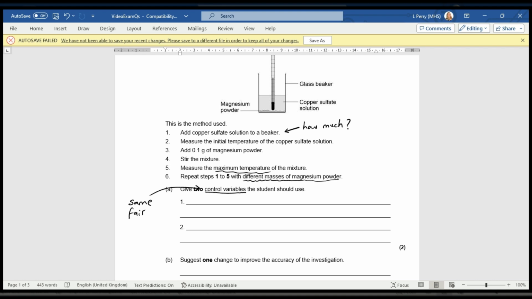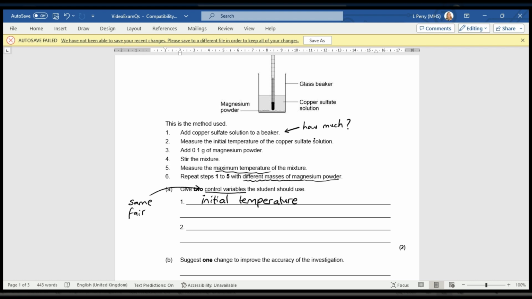Stir the mixture. We know they're changing the amount of magnesium powder. Measure the initial temperature of the copper sulfate solution. That's something they should probably keep the same. So, initial temperature. Now I'm being specific and saying initial temperature because we don't want them to think we mean maximum temperature, which we've just said might change. Keep going. Add copper sulfate solution.